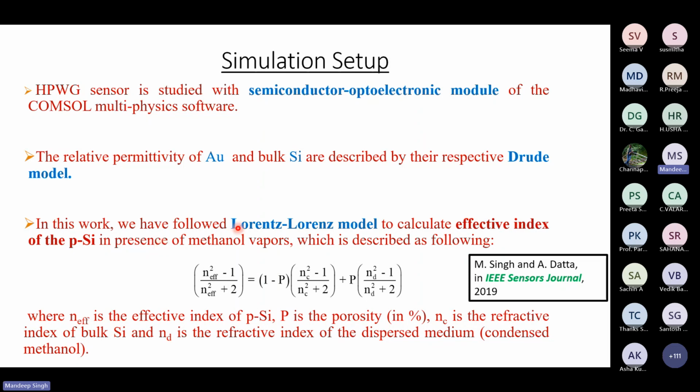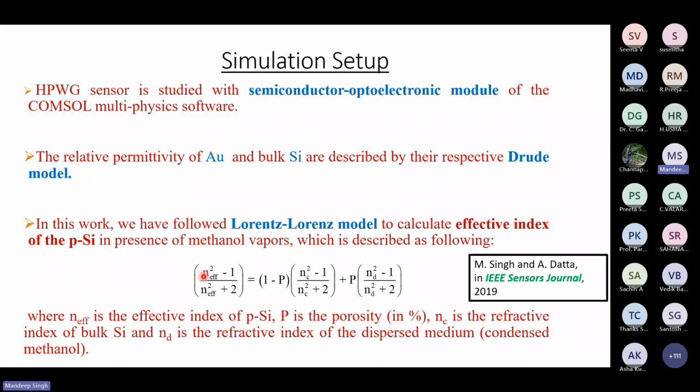For this we have used this equation. You can see this equation relates the effective index with the porosity, with the cladding layer, as well as the dispersed medium, that is the methanol. All such things we have to put in, and we can plot effective index versus porosity.